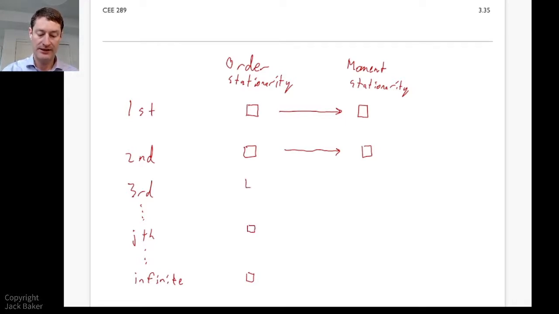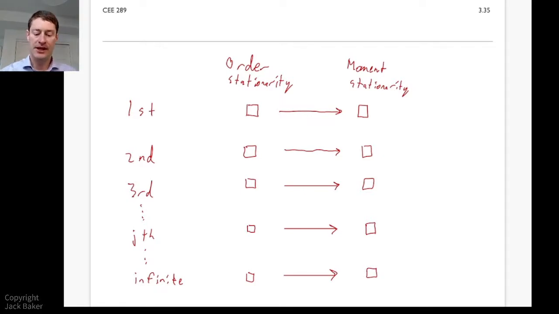And each of these cases implies the corresponding level of moment stationarity. So the left column always implies the right column at the same level of row.